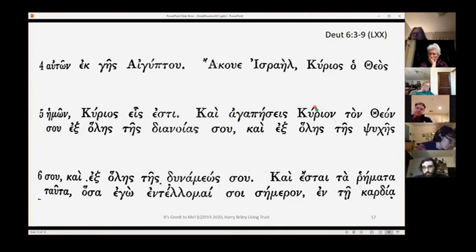So, love, Lord. The accusative. God, Theon. All of these ending in -on tell you it's all accusative.